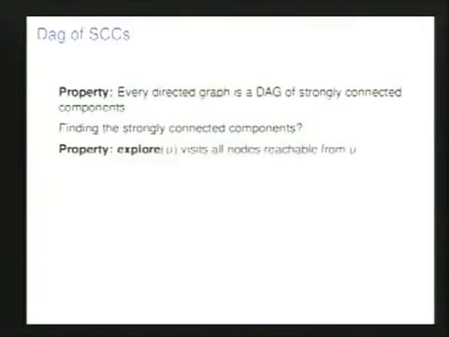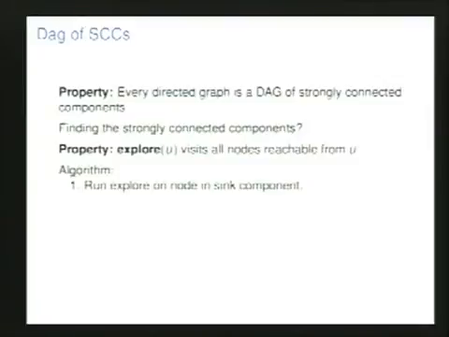Okay, so let's look at properties of our DFS. Instead of going in and being super hackers, let's just step back and see what we can get from the properties of these pre and post numbers, from this introspection we did on this algorithm. So one thing you can do is explore visits all the nodes reachable from you.